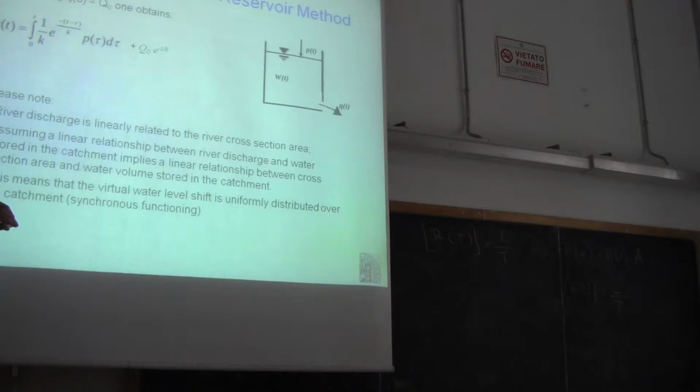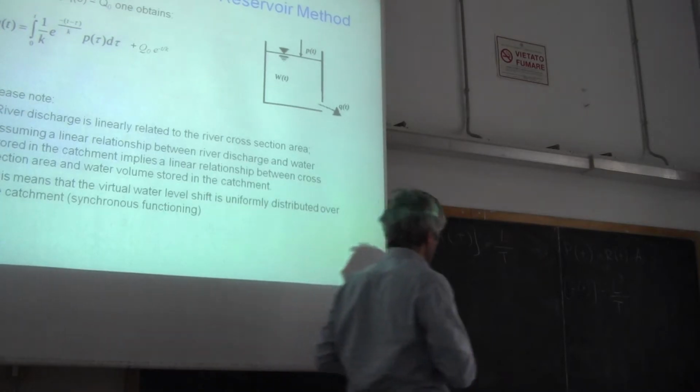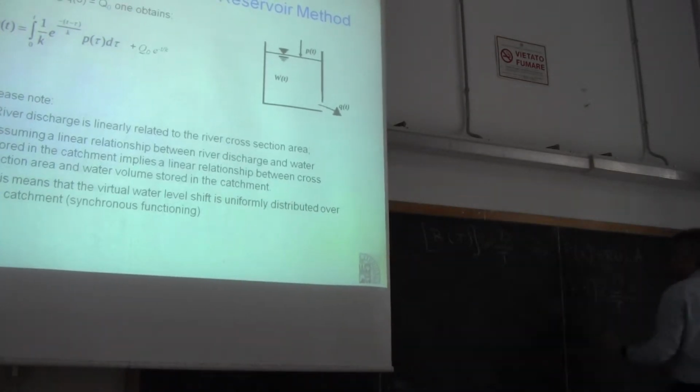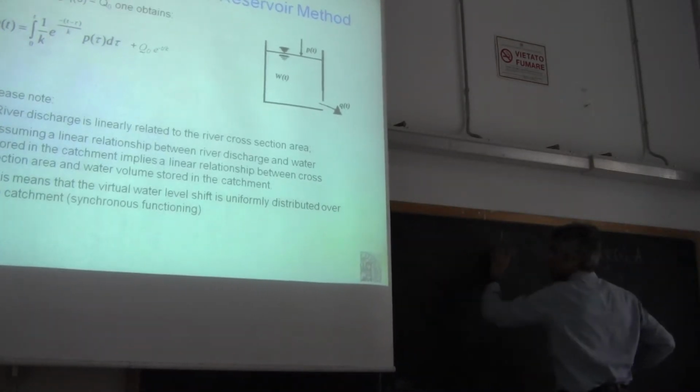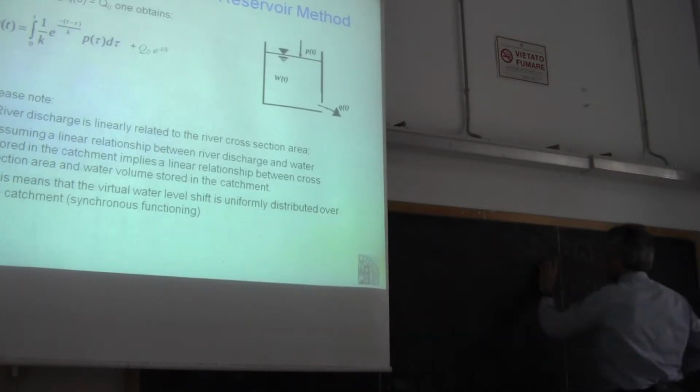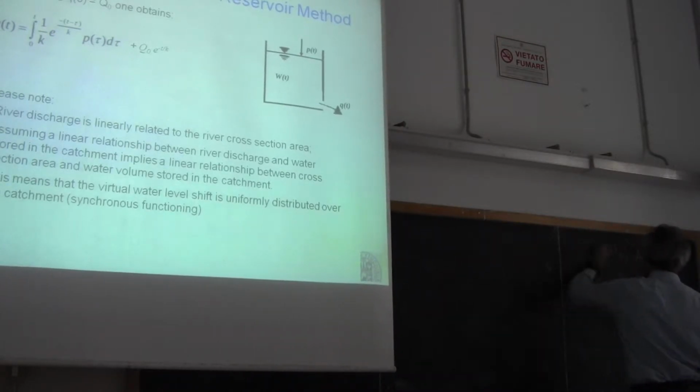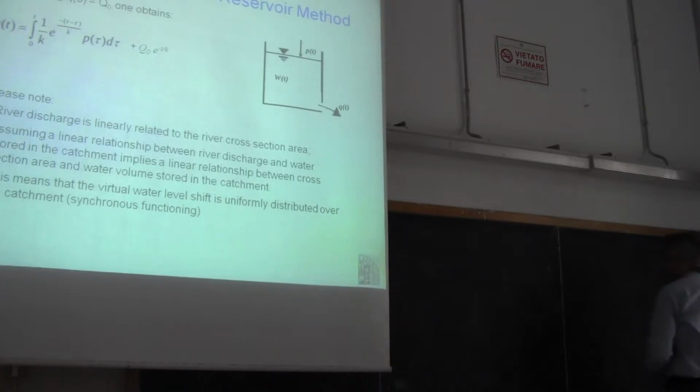Now, let me just clarify what happens. I already mentioned very briefly what happens when rainfall is assumed to be constant. I want just to analyze this case in more detail. So let me write here the relationship which gives you, according to the linear reservoir model, the river discharge.